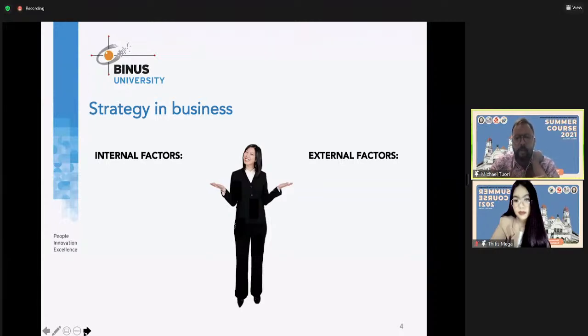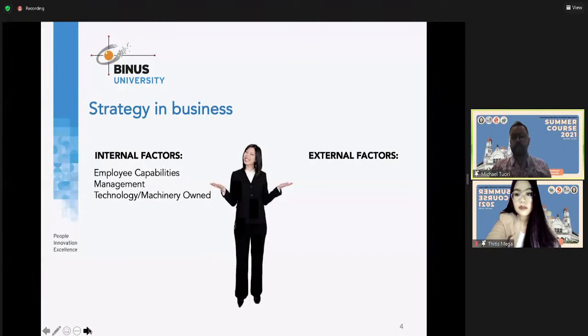So we can make these lists again. If we think about internal, we have the employee capabilities. That's our players. We have our management, which is like our coaches. We have the technology and equipment that we have, whether we're a very high-tech production using robotics and AI, or whether we're very labor-intensive and low technology.